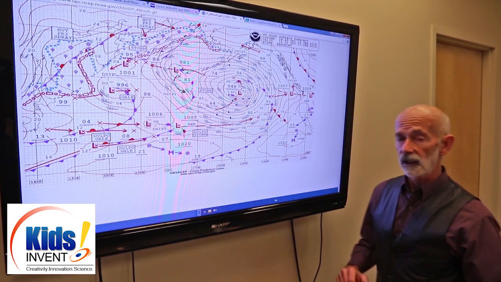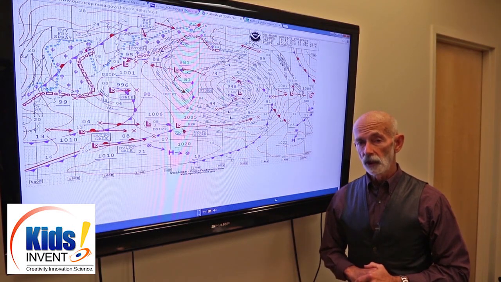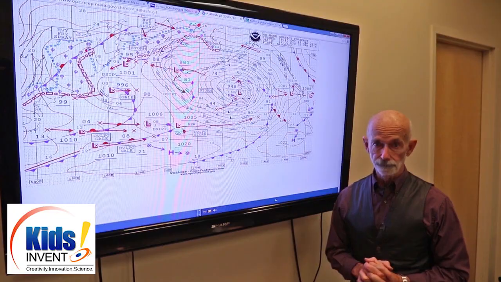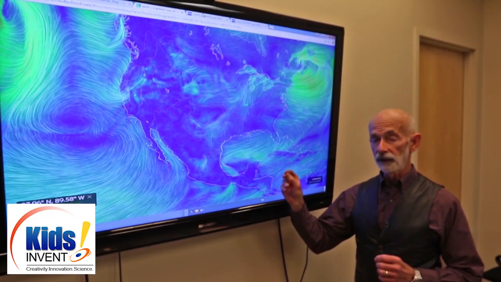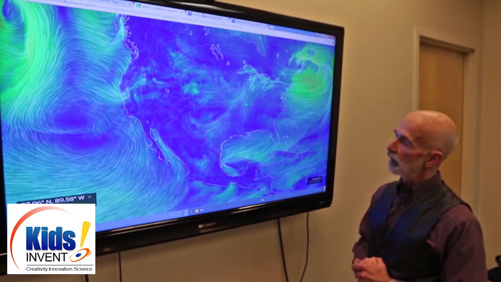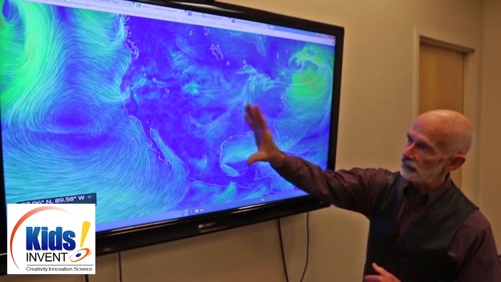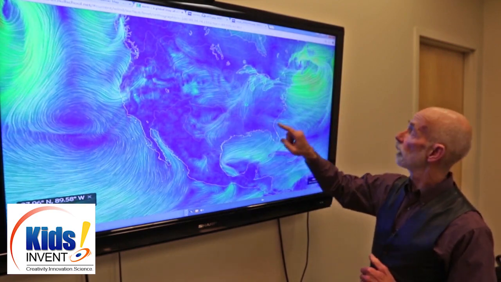So now we're going to look at a couple other weather charts and hopefully give you a good feel for how to use those. Here we're looking at a new image from Earth Null School. This is today, the day we are shooting, and you can see lots of action in the ocean, and this is the surface wind.